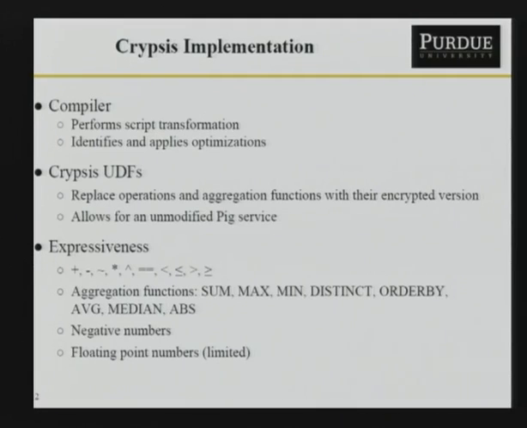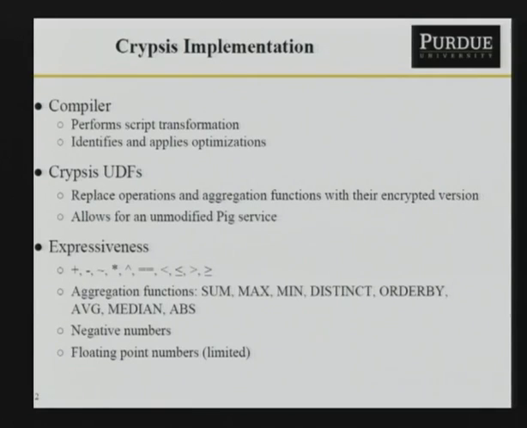But it's also responsible for identifying possible optimizations and making the appropriate changes to the script so that these optimizations will apply. Then I mentioned the Crypsis UDFs, which are the functions that replace operations with the same operations on encrypted data, which of course allows us to use an unmodified Pig service.